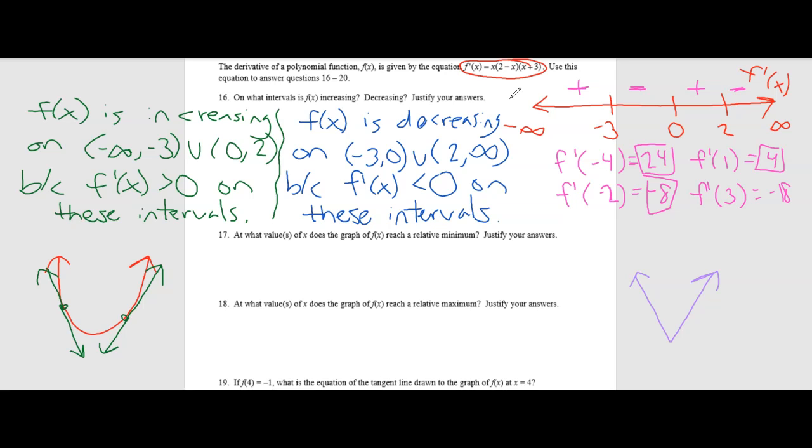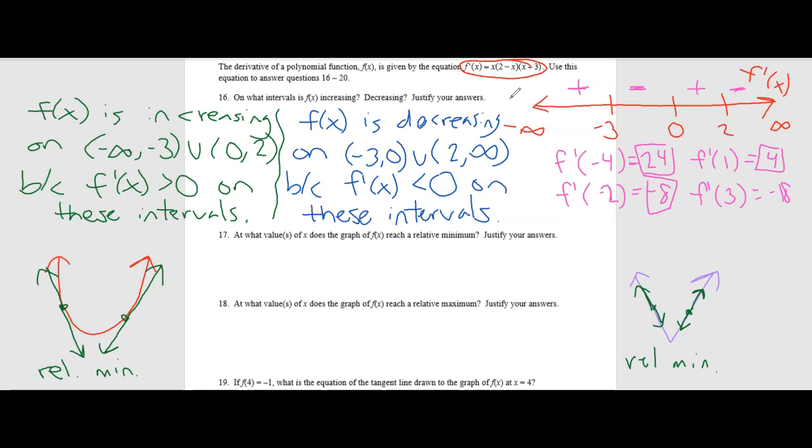It's the same if our graph looks like an absolute value graph, like the purple one does. Our derivative starts off as negative, and it ends up as positive. Those tangent lines just end up being the same as that piece of the graph. But again, let's be clear, both of these are relative minimums. They just look different.